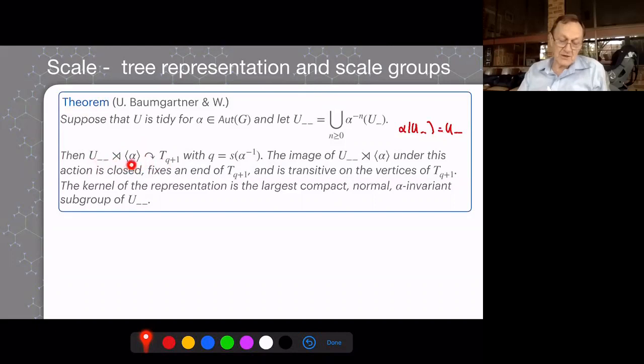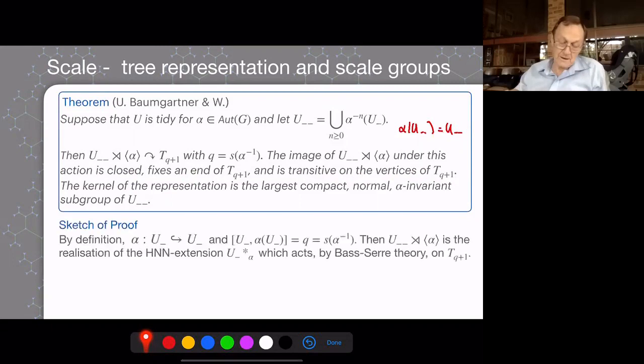And the theorem says that this group acts on a regular tree, T sub Q plus 1, where Q is the scale of alpha inverse. And the image of this group under this action is a closed subgroup of the isometry group of the tree, and it fixes an end of the tree, and it's transitive on the vertices of the tree. And the kernel of the representation is the largest compact normal alpha invariant subgroup of U double minus.